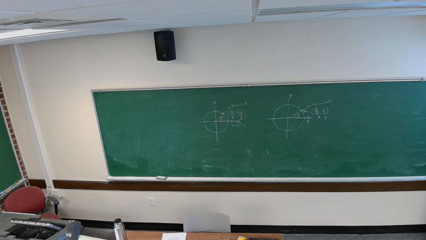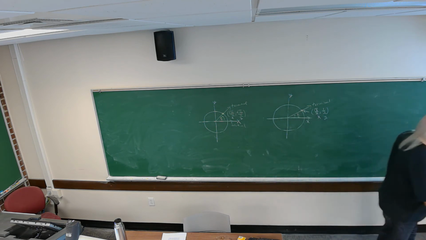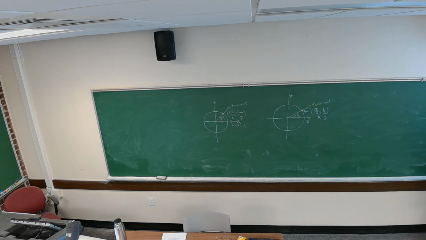Always. And the reason that we're focused on that is because we know what sine and cosine are for those angles in the first quadrant. And we can use that information to calculate sine and cosine for angles that are not in the first quadrant.